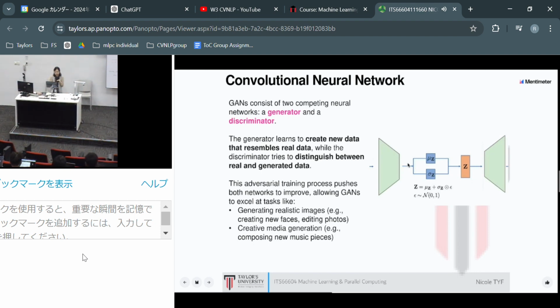The generator will first learn to create new data that resembles our real data. Then a discriminator will be able to distinguish between the real and the fake, and therefore it is able to produce another set of output that mimics but is different from the original data. This is why generative adversarial networks are usually used for generating images or songs.